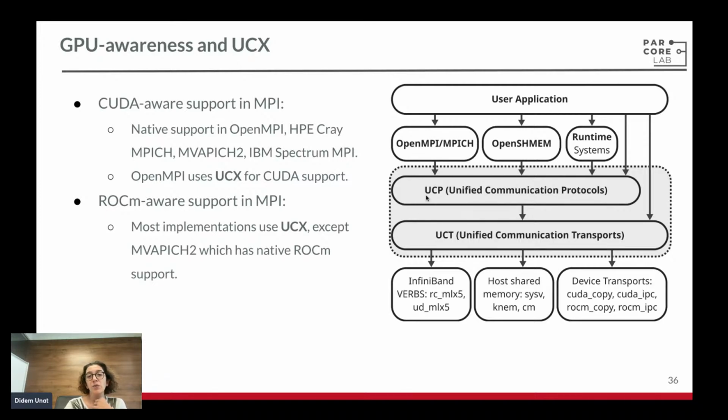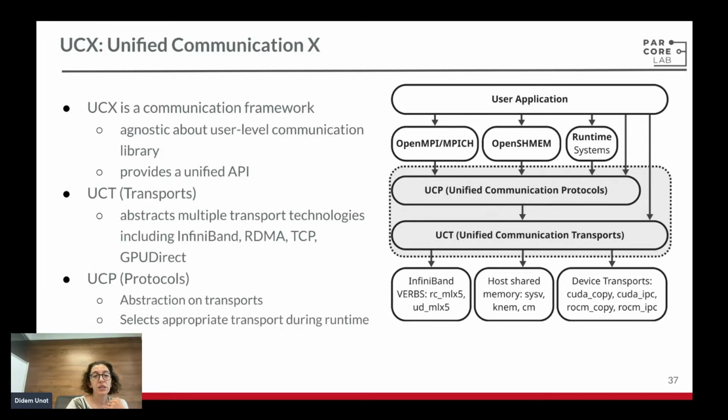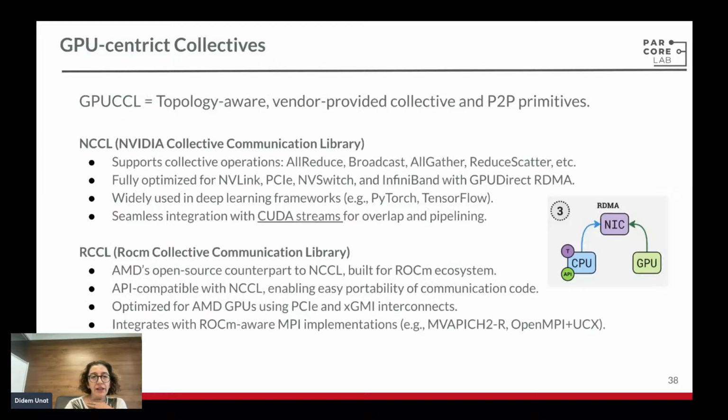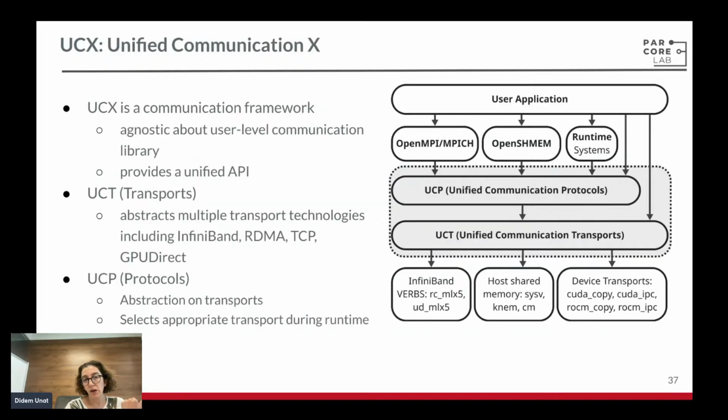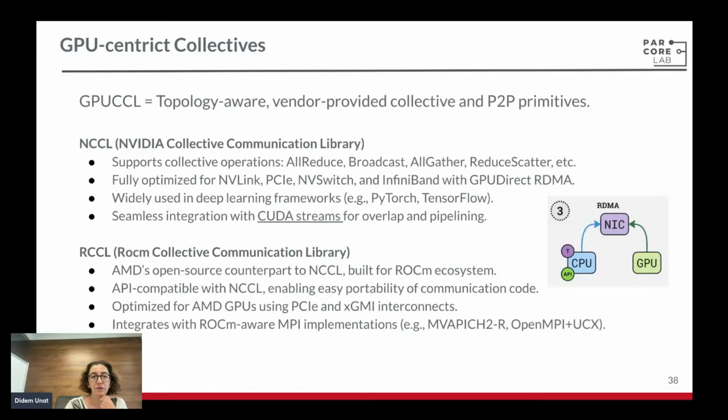And then from here, there's a unified communication transport, which abstracts multiple transport technologies like InfiniBand, RDMA, TCP, GPU Direct, IPC, etc. So it will choose the appropriate transport depending on the configuration, message size, whatever hardware is available, etc. So it's an abstraction layer. Our tool UCTrace works with the UCX communication framework.